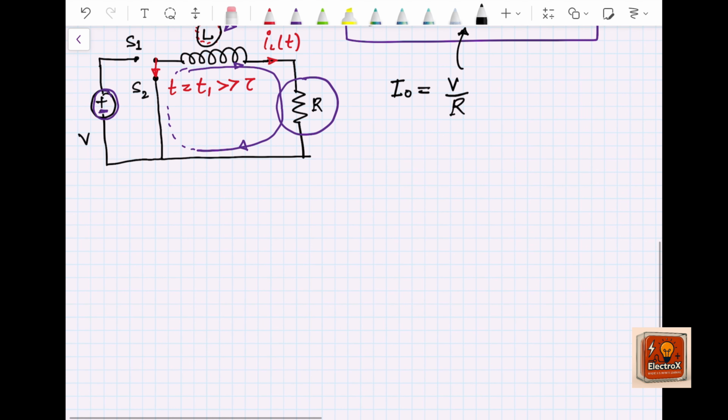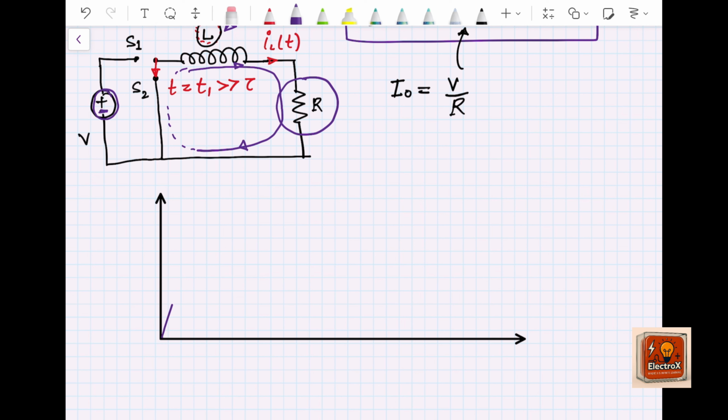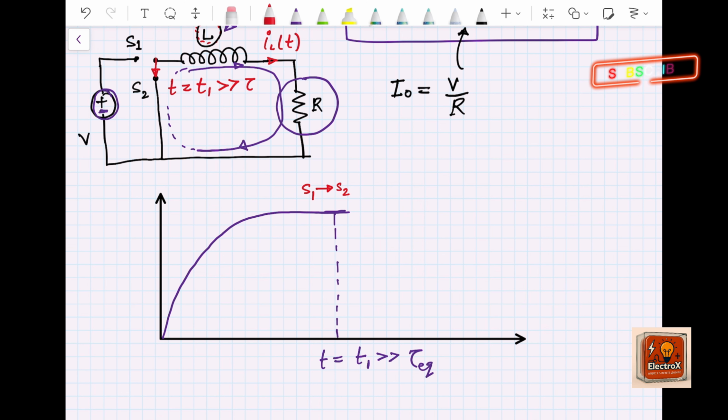Now let us draw the current profile combining these two cases. Earlier the inductor was building up energy, and the situation was like this. At time instant t equals t1, which was much greater than tau equivalent, we abruptly change the position of the switch from S1 to S2. Therefore the current will start decaying in the same fashion but in the opposite direction.